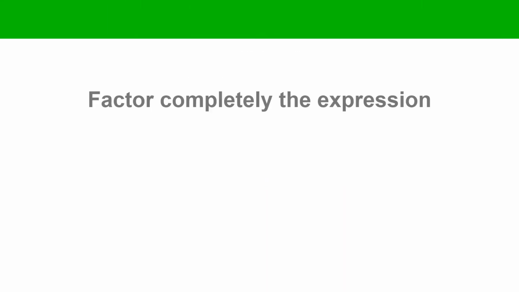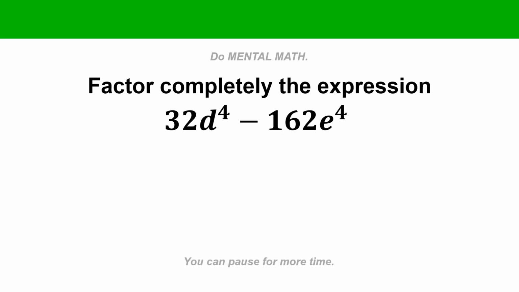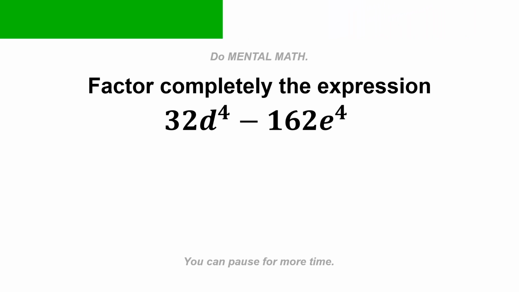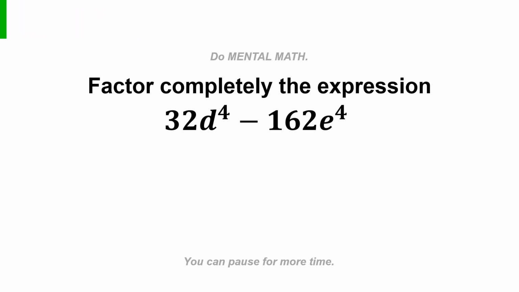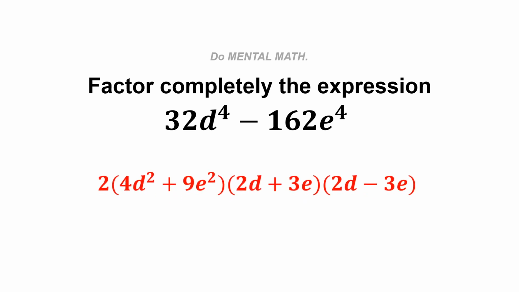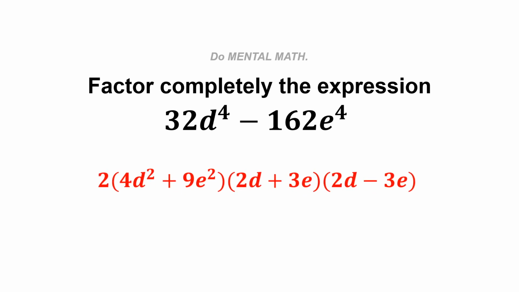Factor completely the expression 32d to the fourth minus 162e to the fourth. The factored form is 2 times the quantity 4d squared plus 9e squared times the quantity 2d plus 3e times the quantity 2d minus 3e.